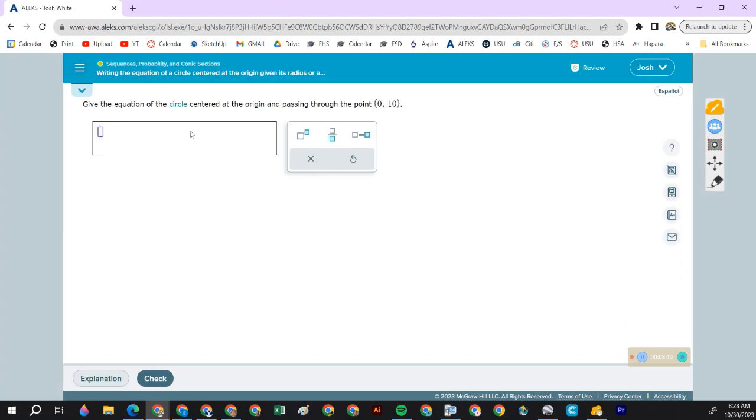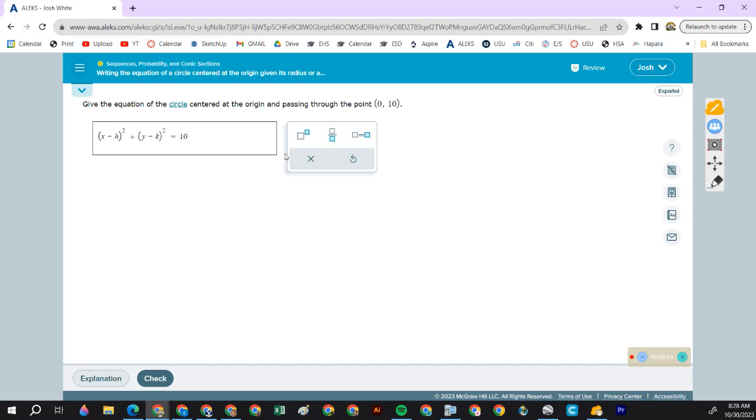All right. So what if the circle has a center at the origin? So normally we write x minus h, and then we raise that to the second, plus y minus k, and then we raise that to the second, and that is equal to r squared. So in this case, if it's centered at the origin and it hits the point 0, 10, then the radius is going to be 10.